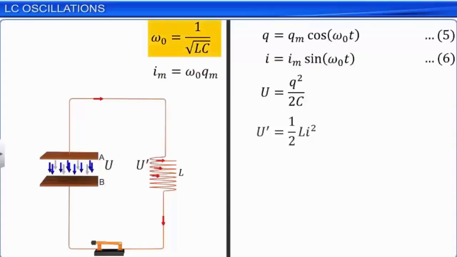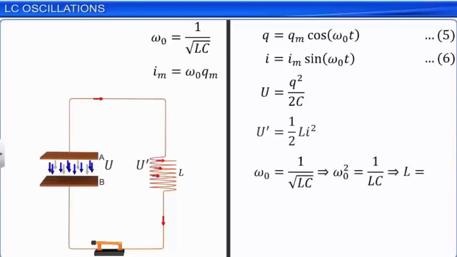The total energy, U total, of the circuit is the sum of the energy stored in the capacitor and the energy stored in the inductor. Thus, U total is equal to Q square by 2C plus half L i square.